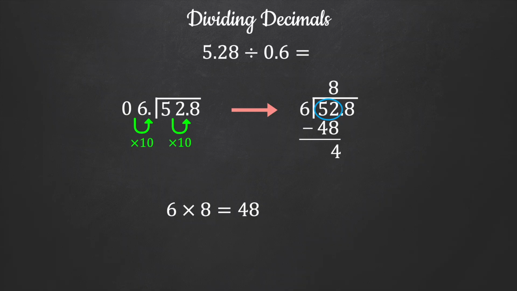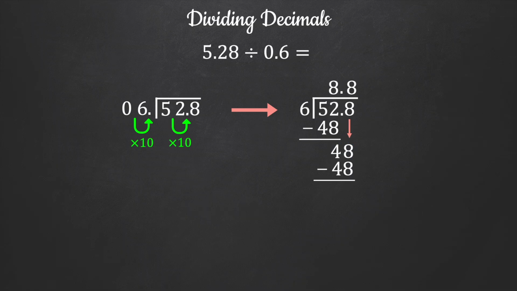So 52 minus 48 is equal to 4. And now we're going to go ahead and bring up this decimal point and bring down the 8. And now we ask ourselves, how many times does 6 go into 48? And 6 goes into 48 8 times because 6 times 8 is equal to 48.